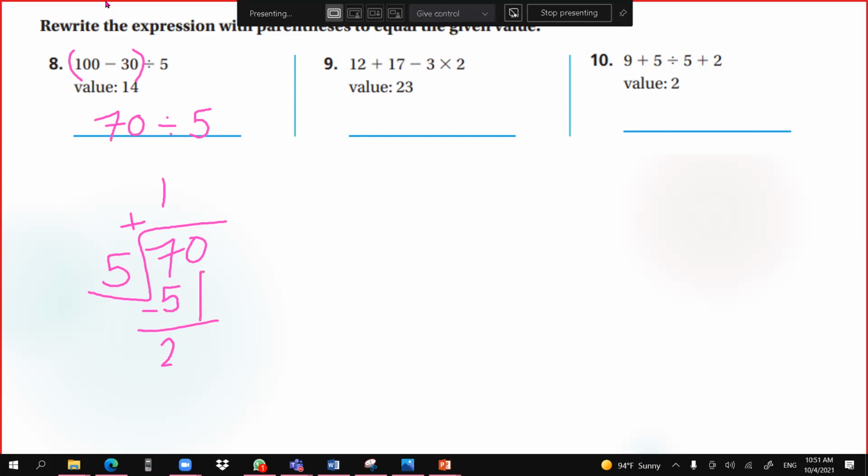Then you add 0 down. So now 20 divided by 5, 4 times 5, 20.